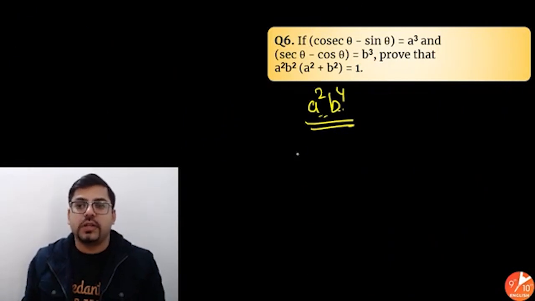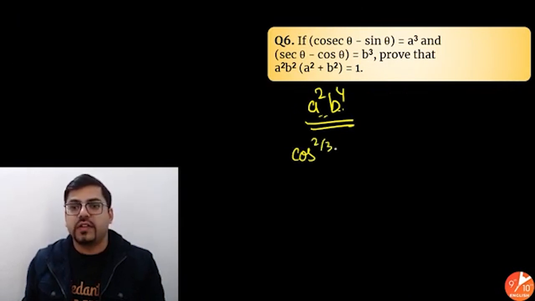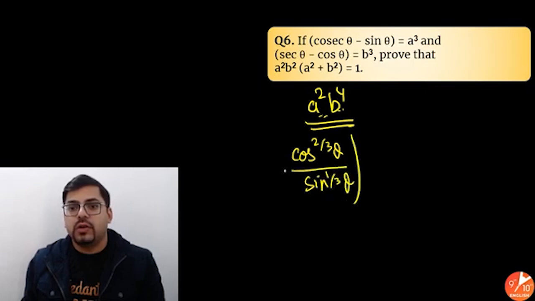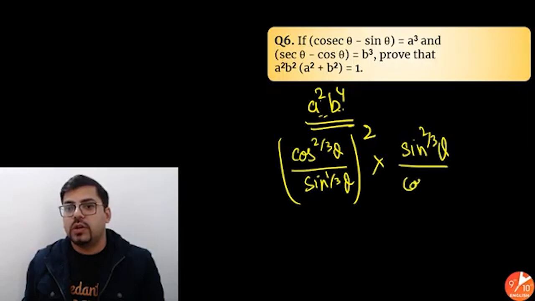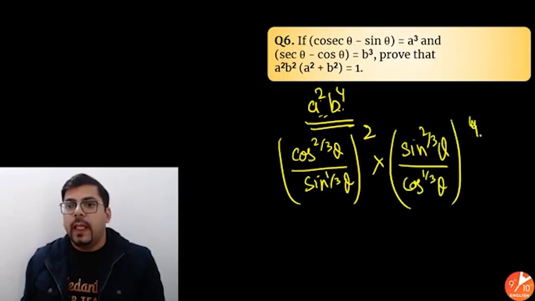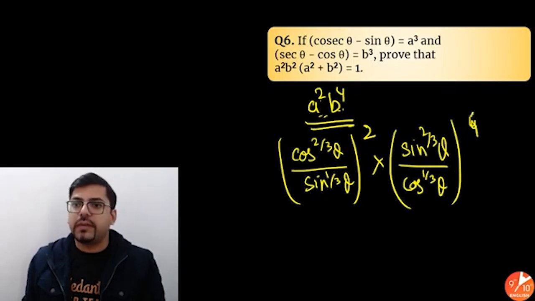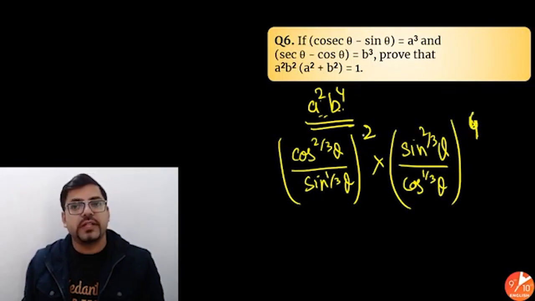So you'll write simply cos 2 by 3 theta upon sine 1 by 3 theta whole power square, and then you have to write sine 2 by 3 theta upon cos 1 by 3 theta and whole power 4. You have to first distribute the power, then multiply them.